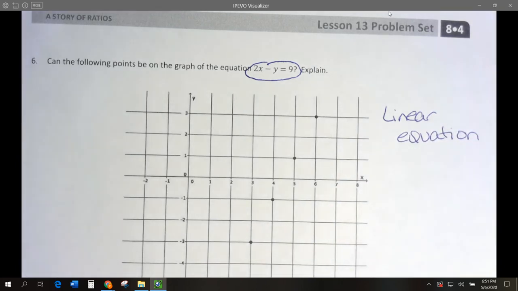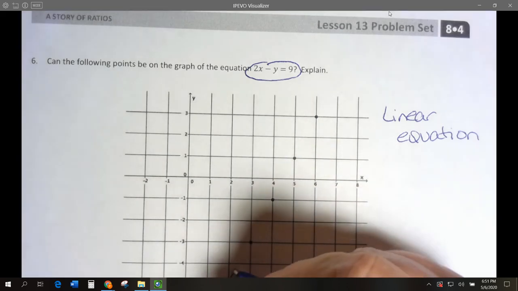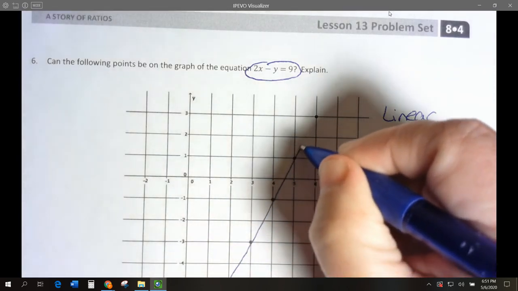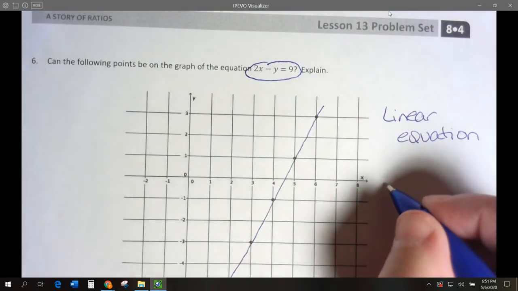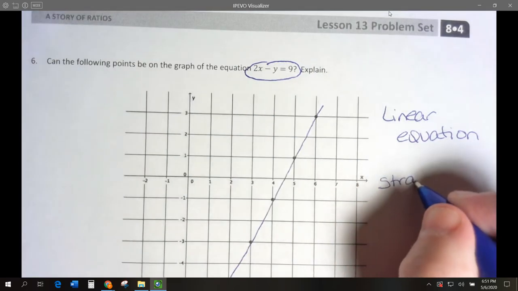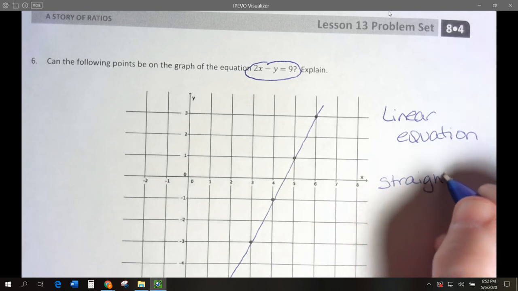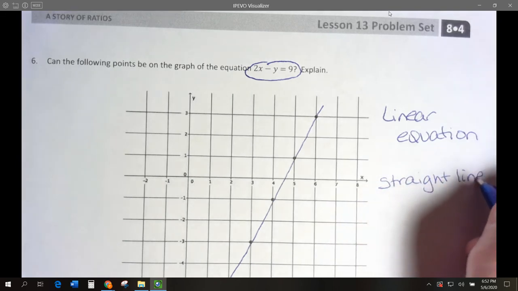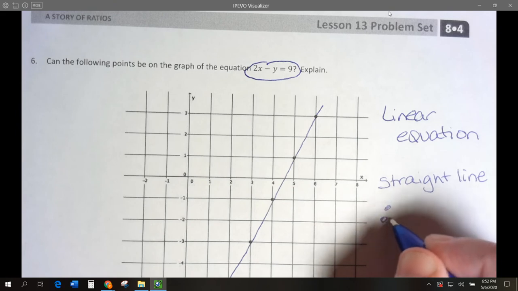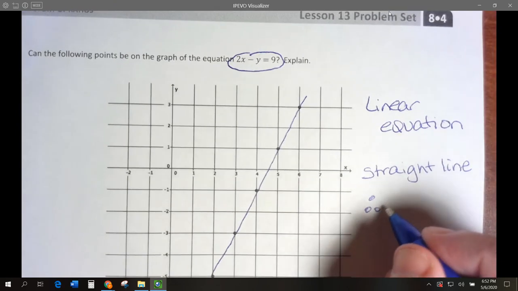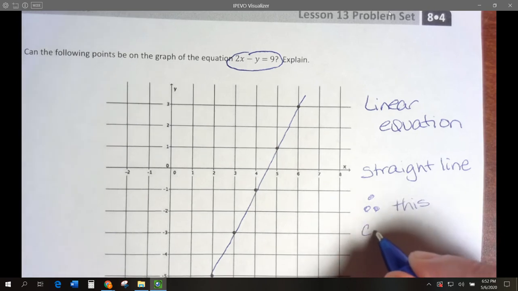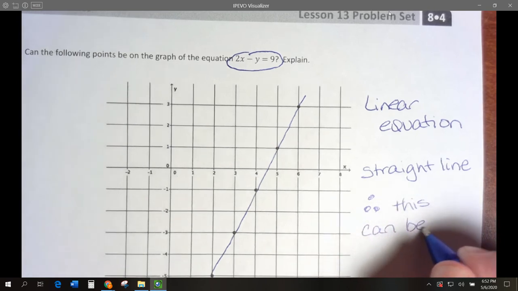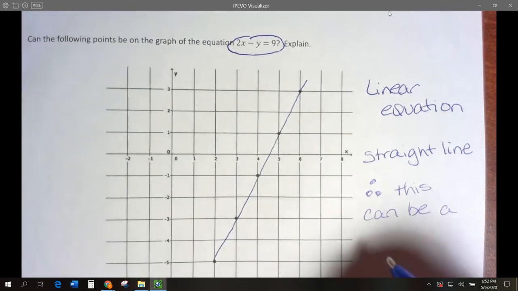So let's connect our points. So the graph forms a straight line. Therefore, this can be a graph of the equation.